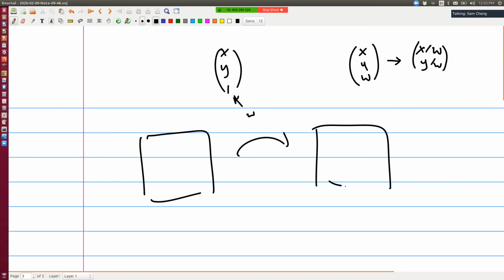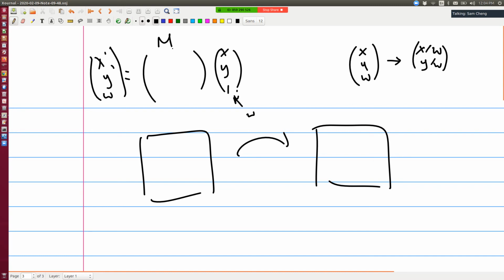Now if we want to map the original coordinate in the image to a new coordinate, in order to also include the translation, that's how we introduce this homogeneous coordinate. Then all the transforms that we are interested in can be thought of as a matrix multiplication. So we have a new coordinate x', y', and w, and it's equal to this multiplied by a matrix M, let's say.